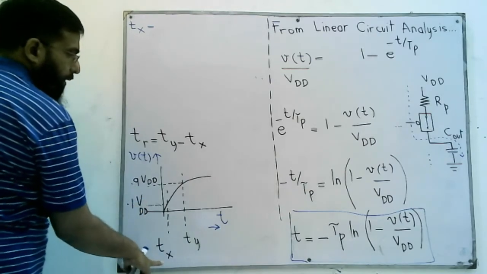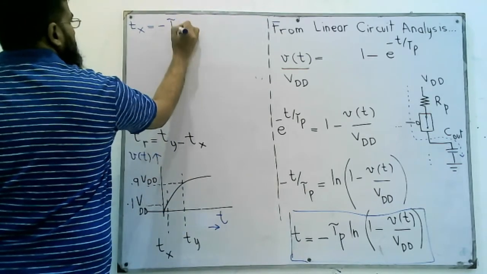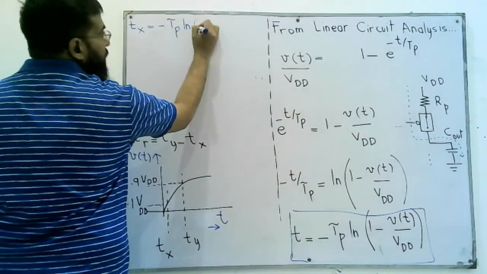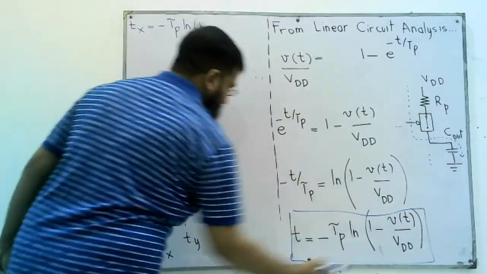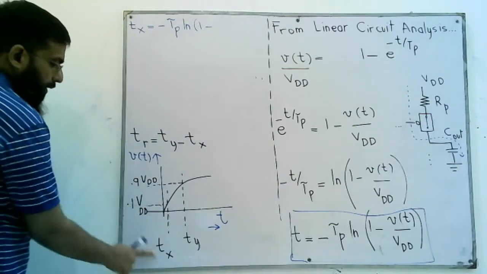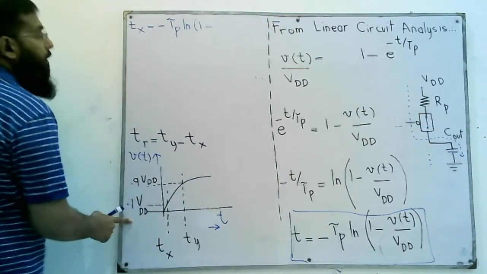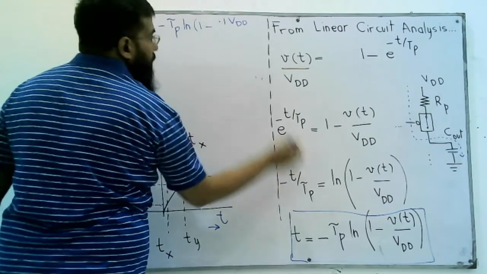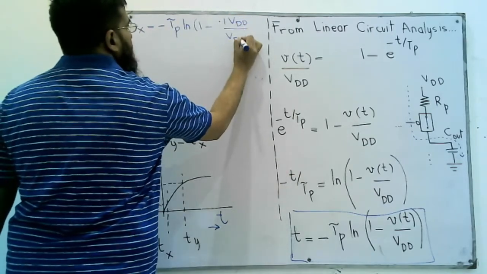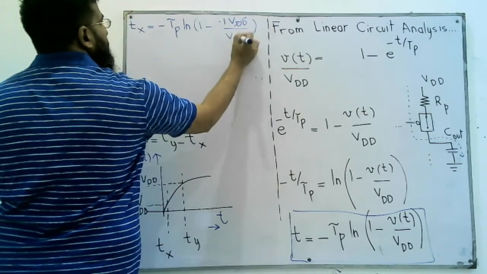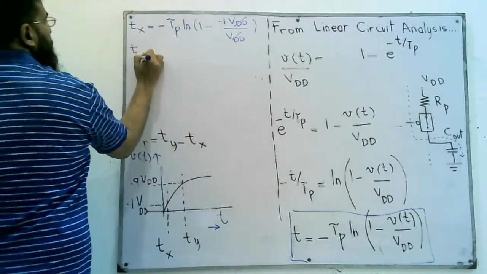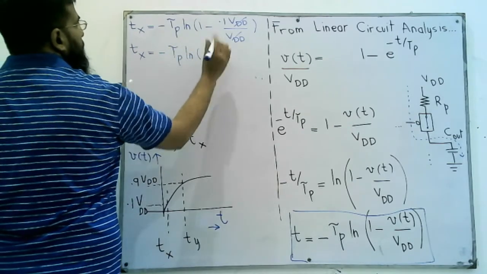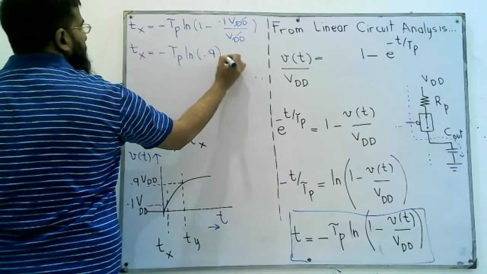So let's write dx is minus tau p log of 1 minus v of t at dx, which is 0.1 VDD, divided by VDD. So this cancels, and we are left with dx is minus tau p log of 1 minus 0.1, it's 0.9.